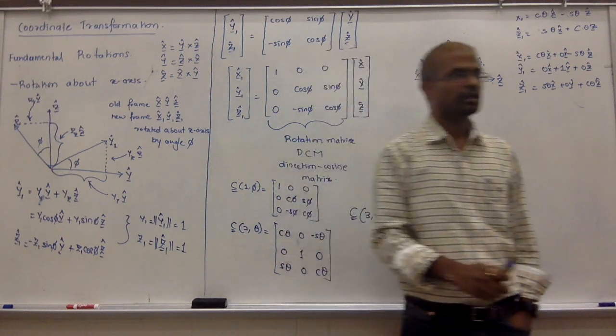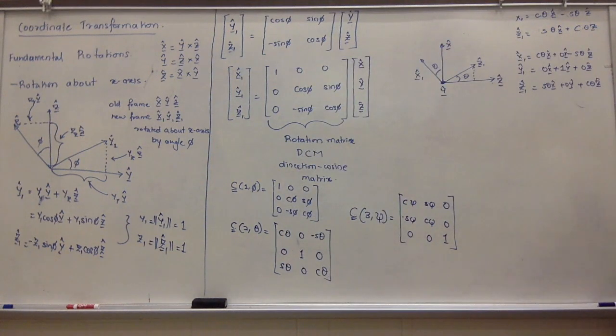Just like every translational motion can be expressed as translation about x, y and z, it does not mean you translate in x, y and z, right? You just go directly to that point. So similarly, with rotation, you can just go to a rotation.